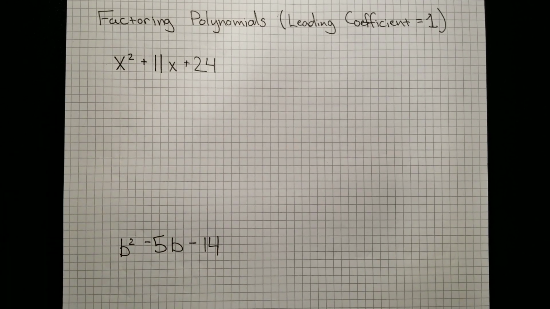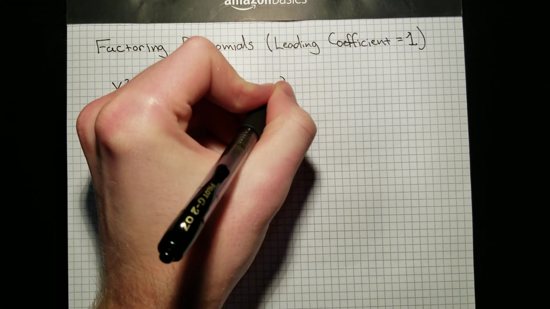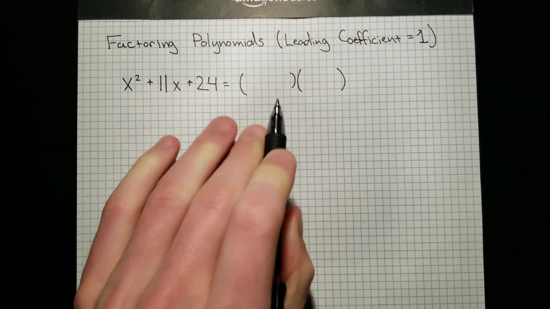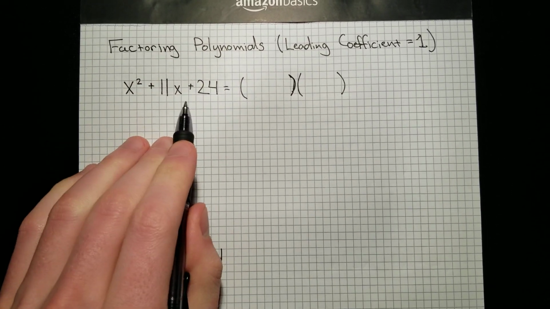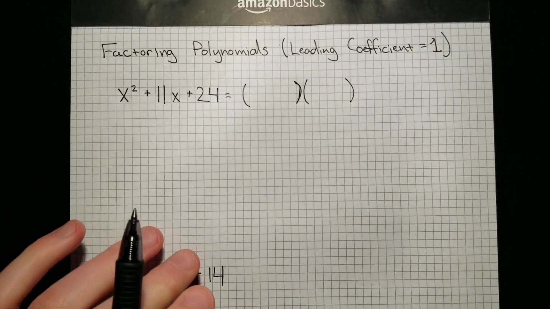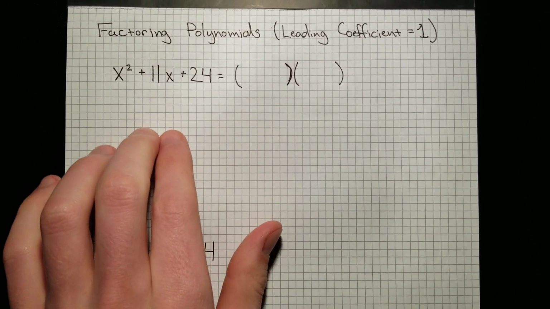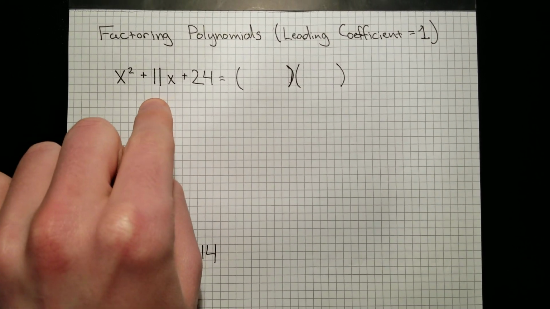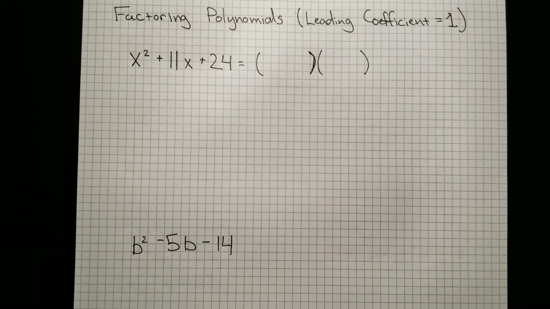So the end result of this, we're going to get two binomials in parentheses that would multiply together to get that original thing. Kind of the opposite of what you guys were doing last week. So instead of multiplying two things together to get the original, we're going to take some polynomial and we're going to break it down. So this is how we're going to do that.